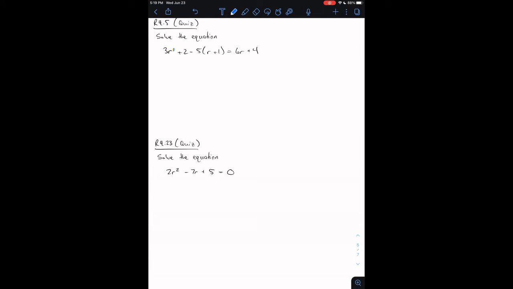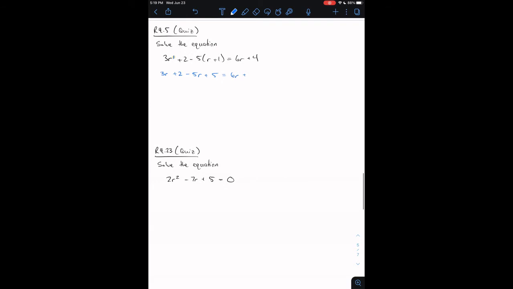So the first thing I want to do is isolate all these r's. So what I'm going to do is rewrite this. I'm going to distribute this 5 through. I don't know what happened there. So let's just do this kind of in a line. Okay.